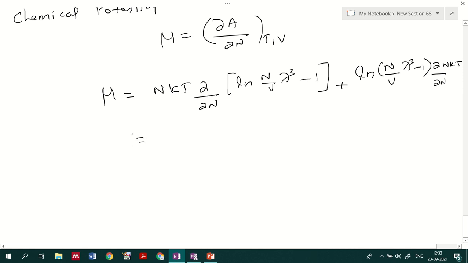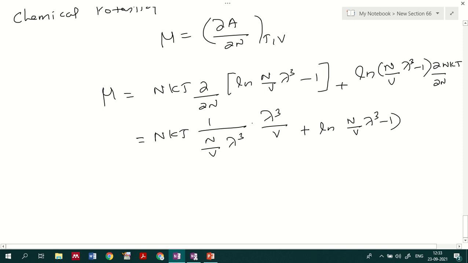When evaluating this part you will have N/(Vλ³) into λ³/V, and plus we have ln(N/(Vλ³)) minus 1, treated as a constant here, into ∂(NkT)/∂N, that is kT.